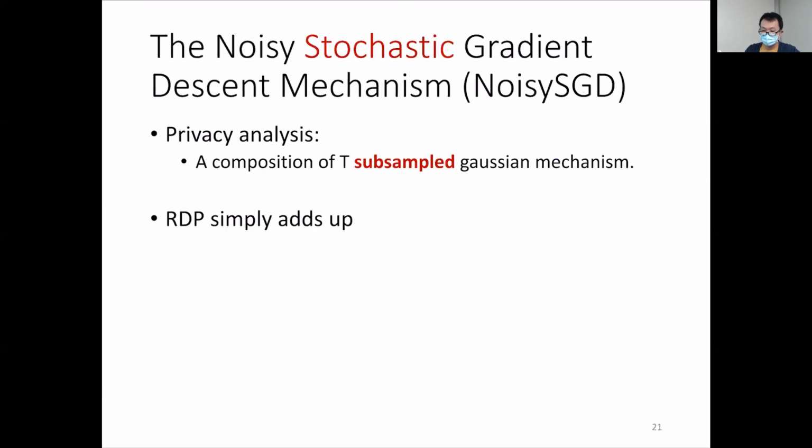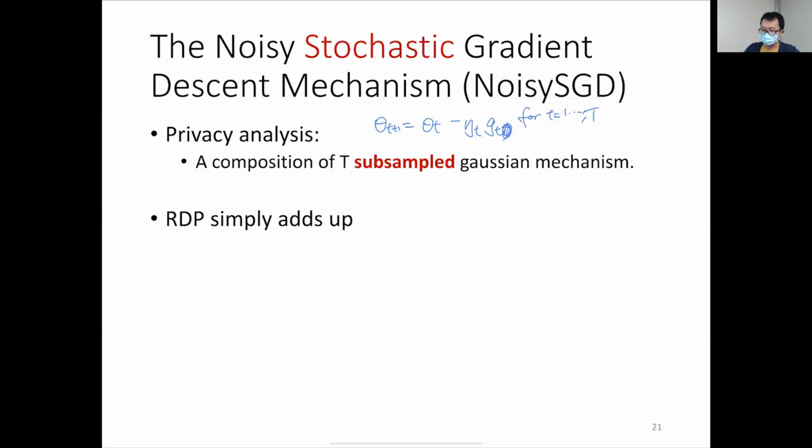The NoisySGD algorithm updates the parameter by moving towards the negative stochastic gradient direction, some G_t, for t from 1 to T, and we also need to add noise to this approximation.